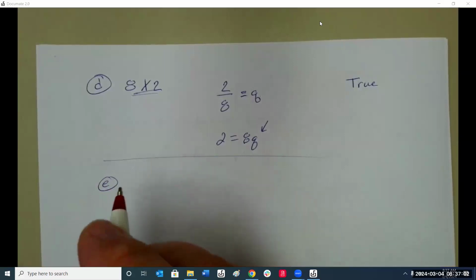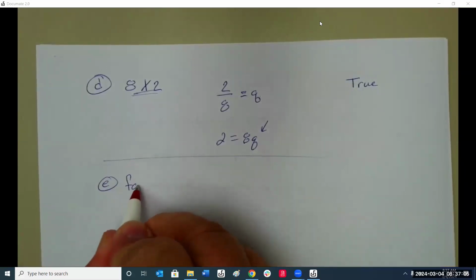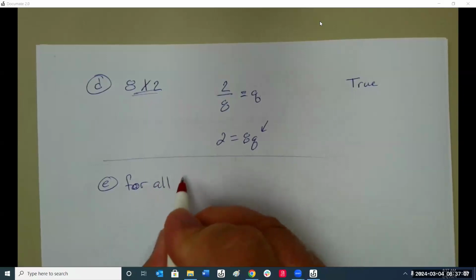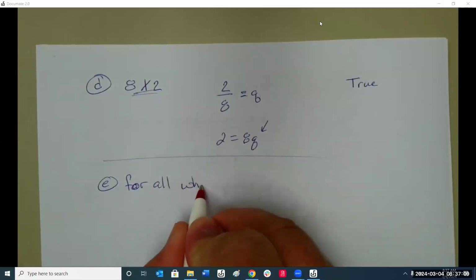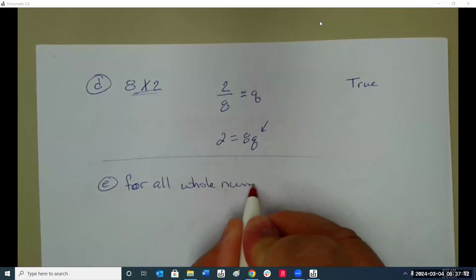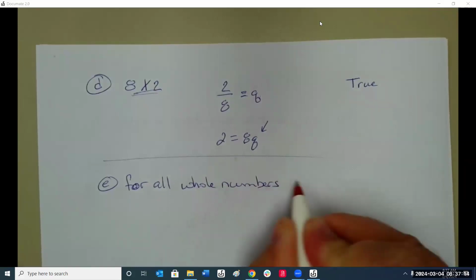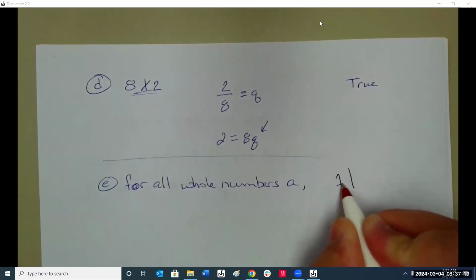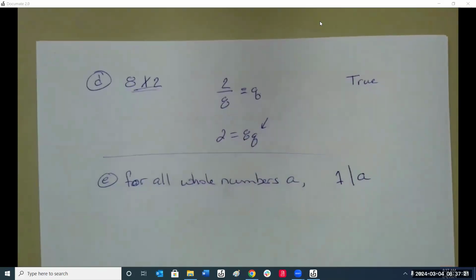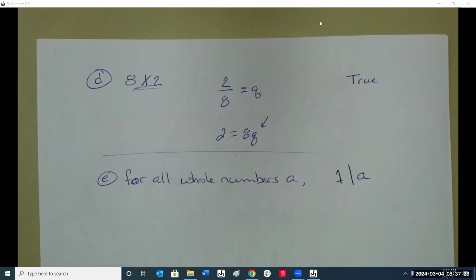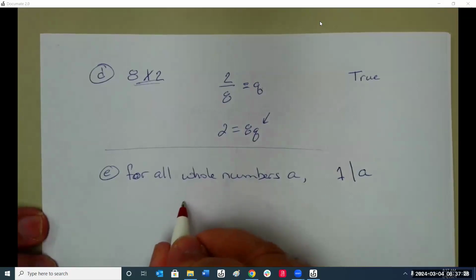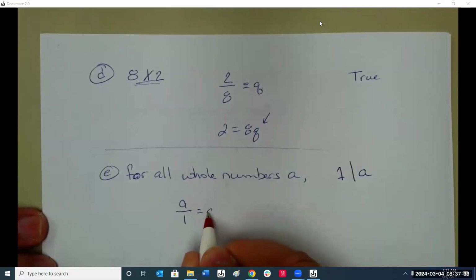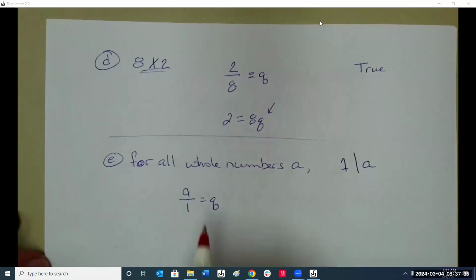E. For all whole numbers, we have 1 is a divisor of A. So we have A divided by 1 equals some quotient.